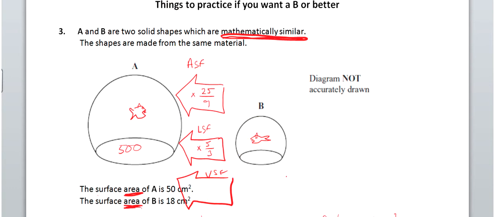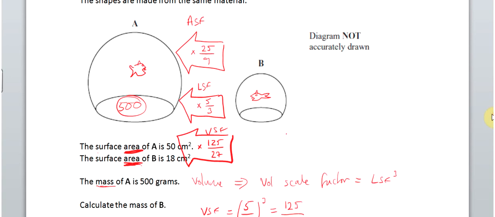This one cubed is going to be 5 cubed, which is 125, and 3 cubed, which is 27. Now, because I need the mass here, 500, if I was going to go this way, I'd obviously have to go the other way through this scale factor. I'd have to divide by it. If I knew what B was and we're going this way, it would be multiplication. Hopefully, that is clear.